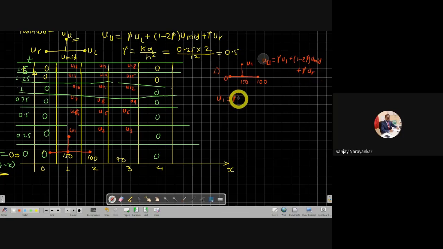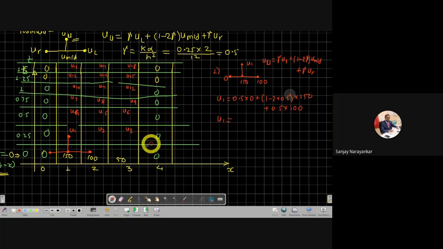What is the gamma value here? 0.5. So 0.5 into U left 0, plus 1 minus 2 into 0.5 into U mid 150, plus gamma 0.5 into U right 100. That is your U1 value.